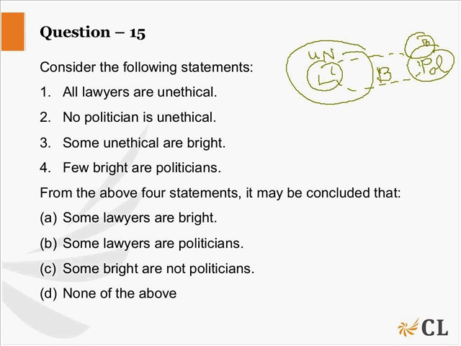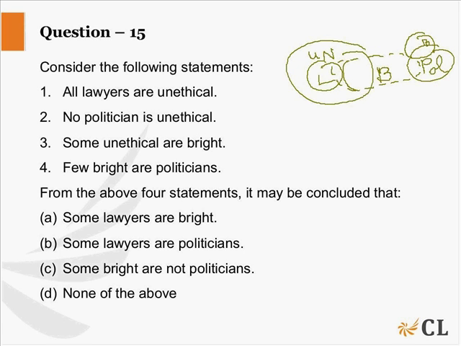So is it necessary from the diagram that some lawyers have to be bright? If bright finishes over here, then what happens? Right. So what would happen? All the lawyers may not be bright, right? Okay.